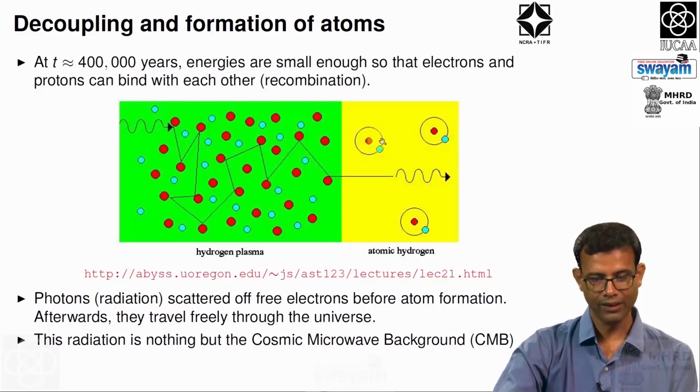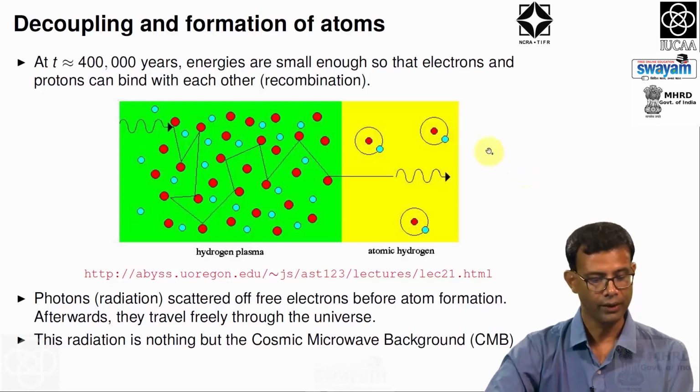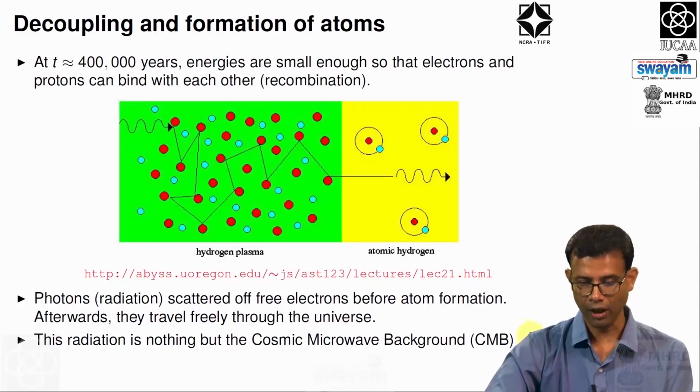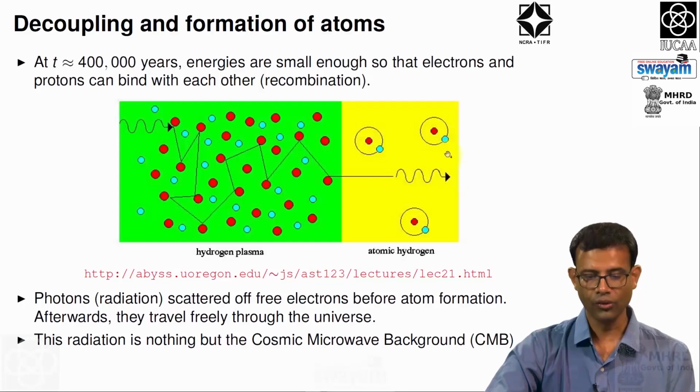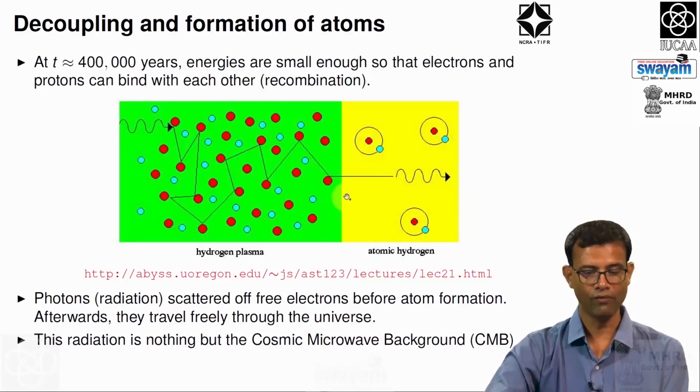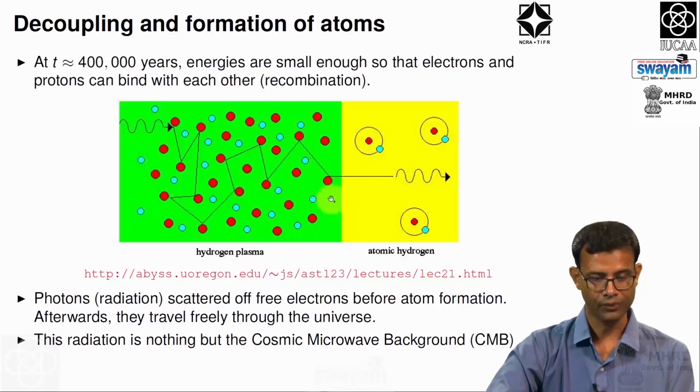So, there are these red nuclei and the blue electrons, which have come together and formed atoms. Now this radiation cannot interact with free electrons anymore and is free streaming. This is nothing but the cosmic microwave background which we observe, and this is why the cosmic microwave background is so significant for Big Bang cosmology. It is very closely related to the formation of the atoms.